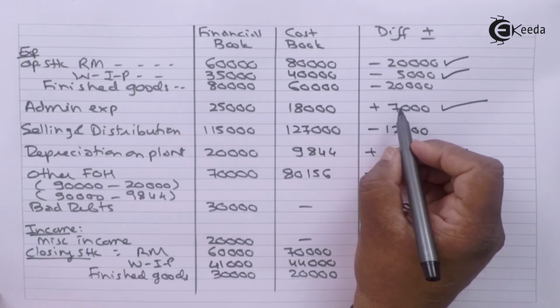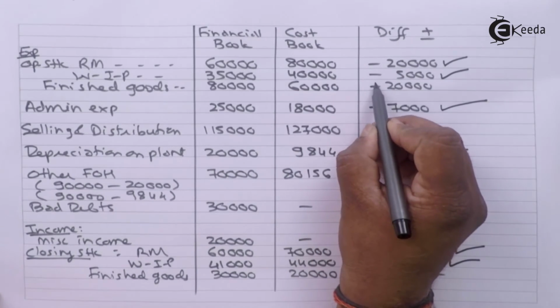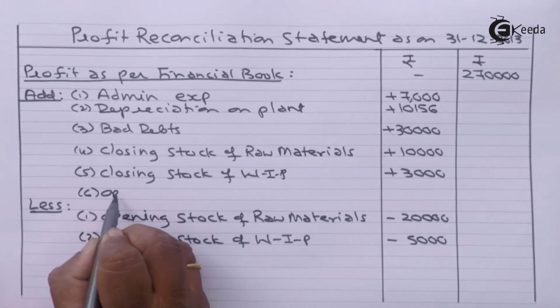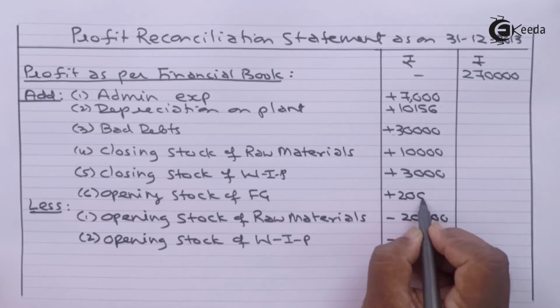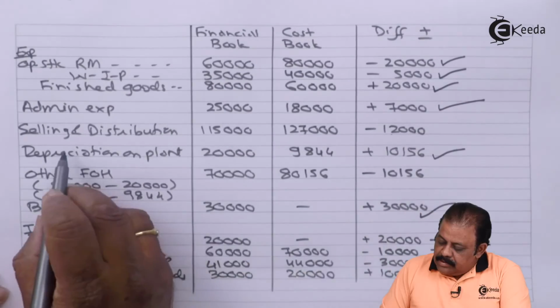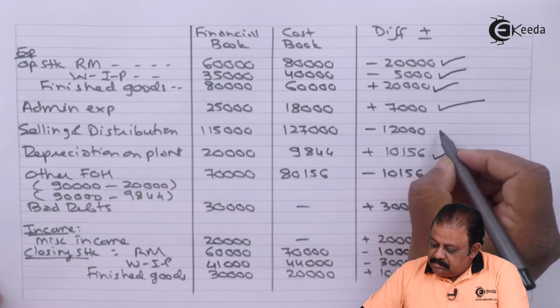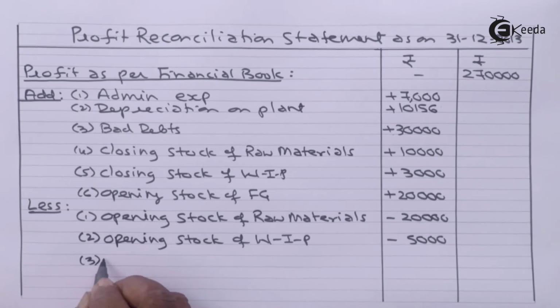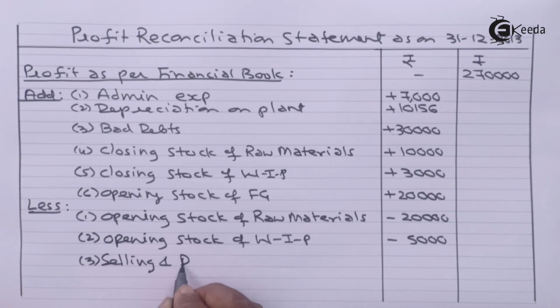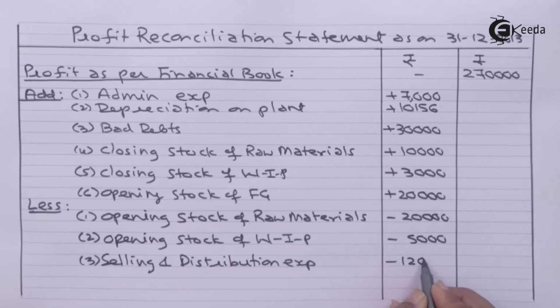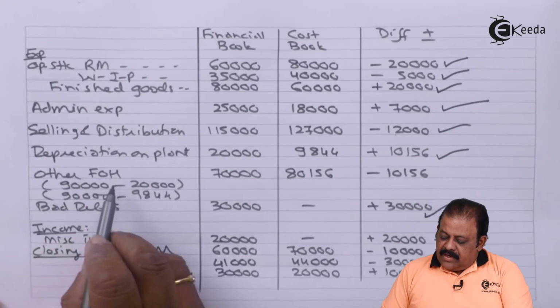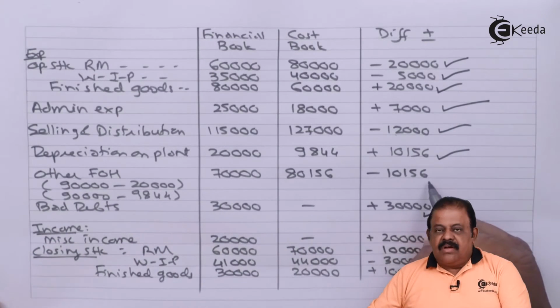Opening stock of finished goods minus 20,000. Selling and distribution expenses minus 12,000. Other factory overheads 10,156.